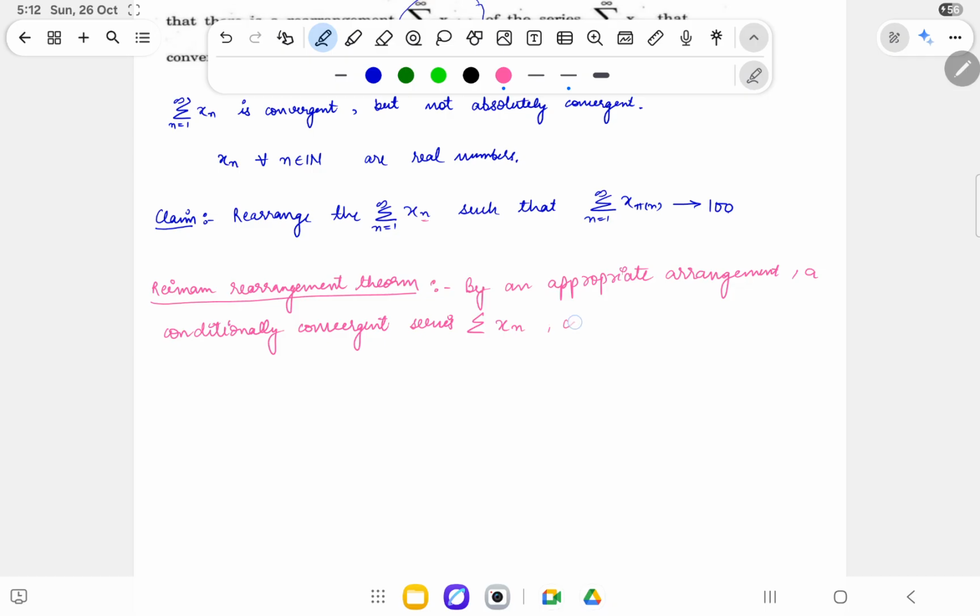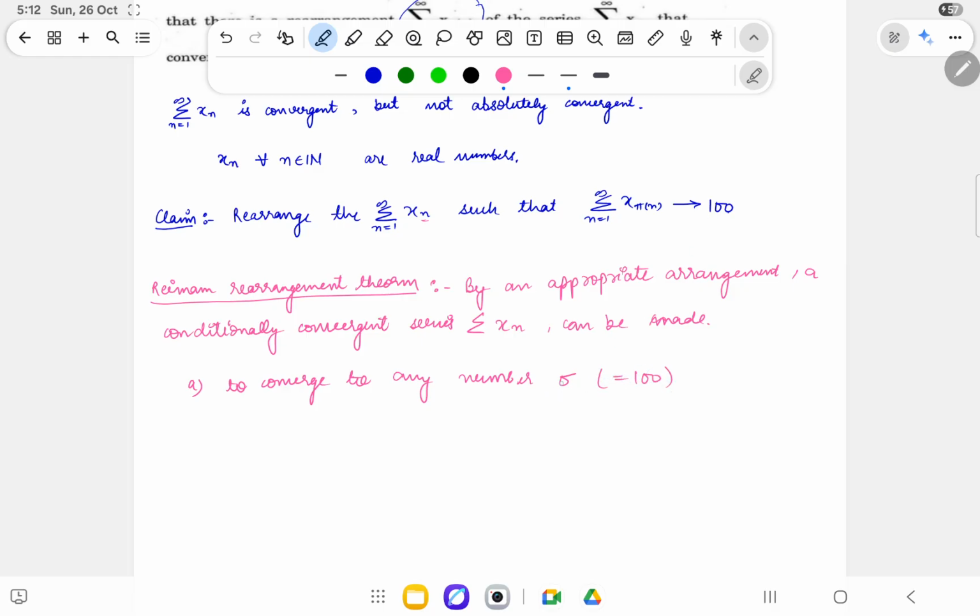Summation xn can be made to converge to any number sigma, let's say, and in our case we are supposed to show that the sigma is 100.